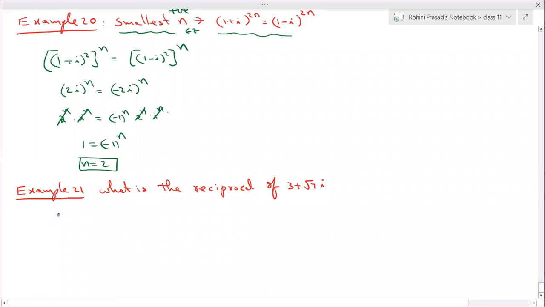The reciprocal of that is just 1 by 3 plus root 7i. That's the answer. But as we have a tradition of writing the answer in a plus ib form for complex numbers, you need to do that.